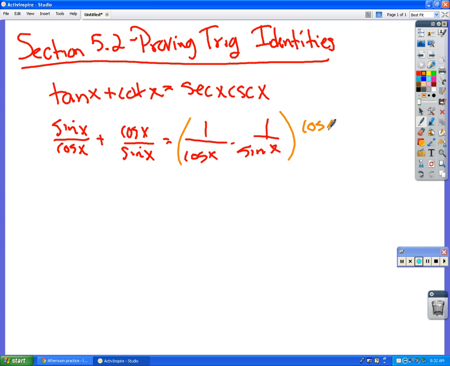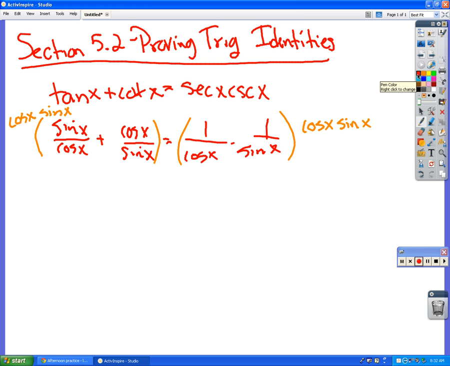So instead of doing like we did before where we would have had to get some sort of a common denominator and hope that good things happen, instead we can multiply both sides of the equation by cosine times sine, and you're just going to be really excited. Yeah, basically the same kind of thing, but now we have something on both sides of the equal sign instead of just one.